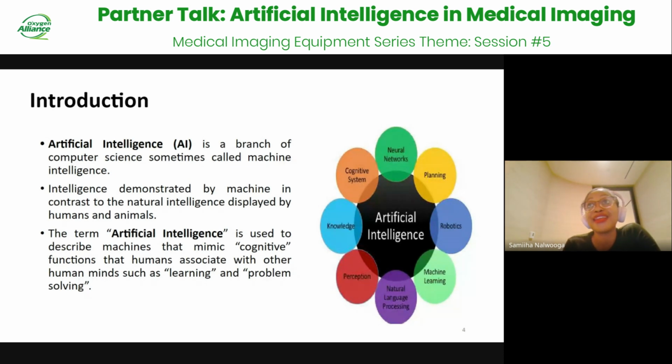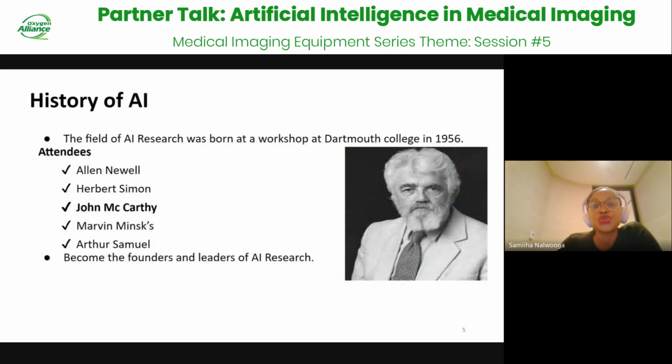So that is what AI is. In brief, some people describe AI as the ability to train a computer to think like a human being. When you look at the history of AI, it is not something that is new. It's actually very backdated. It was born at a workshop in Dartmouth College in 1956, and the term was coined by a gentleman called John McCarthy.